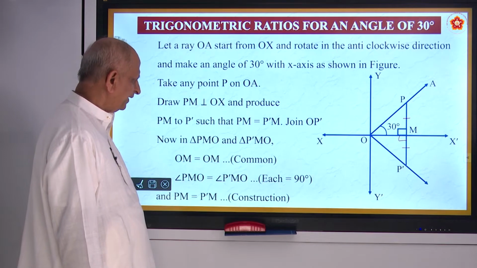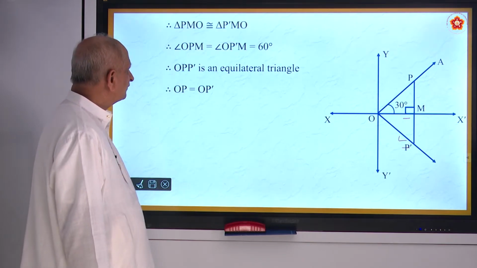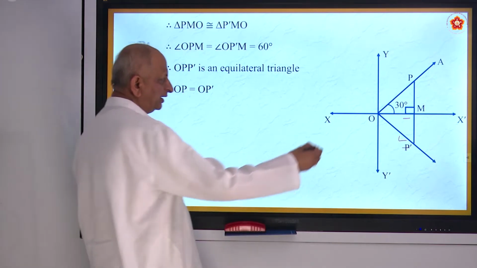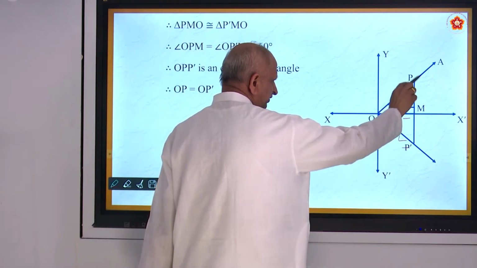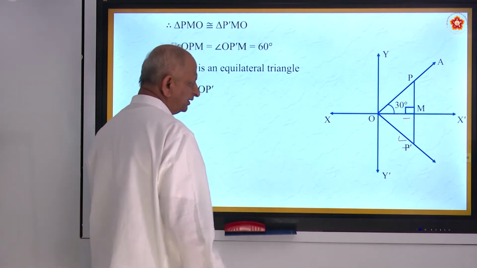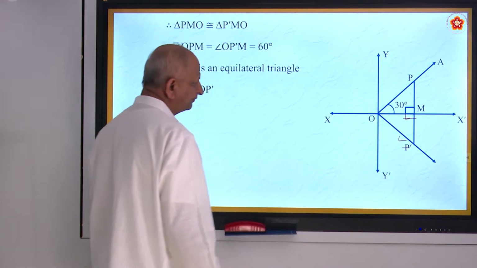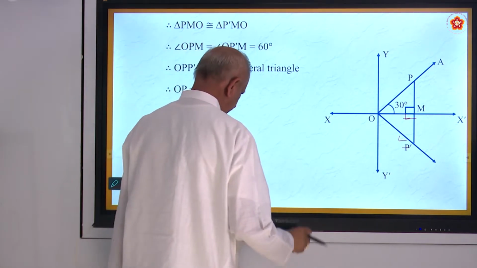And what do you get by that? So there are two congruent triangles. These two triangles are congruent. Means if you cut this triangle and put it on this, they will be equal. So this is 90 degrees. Alright?